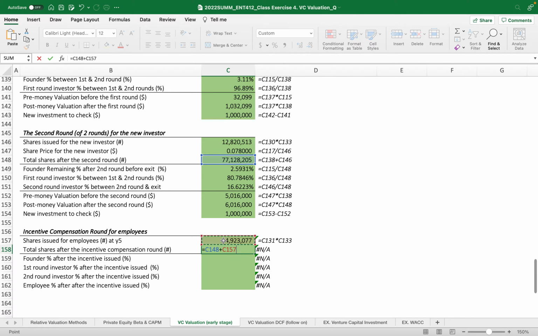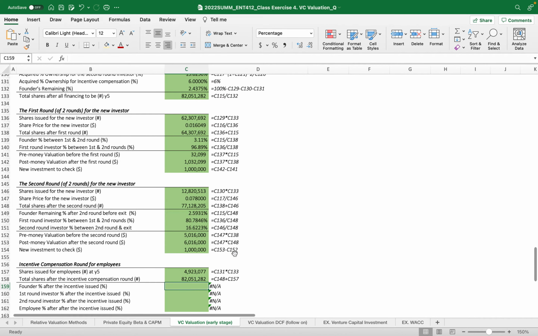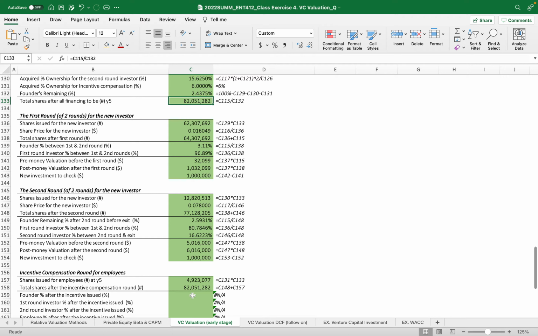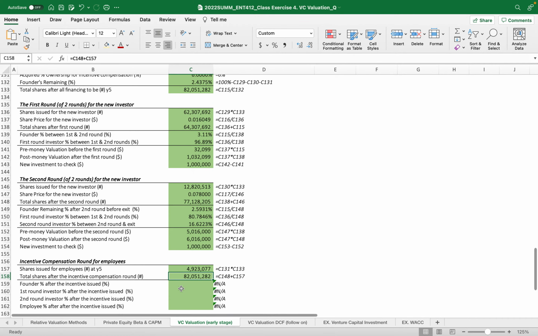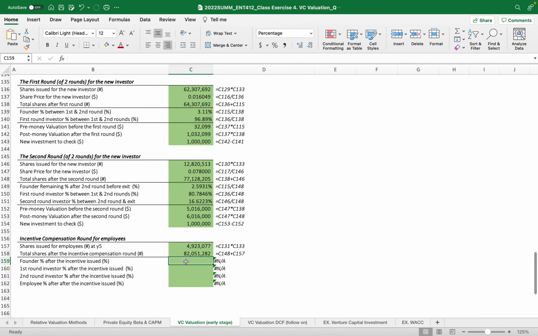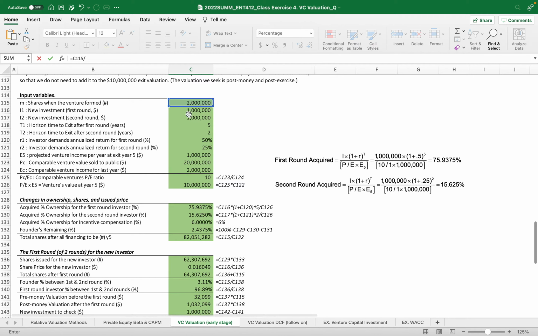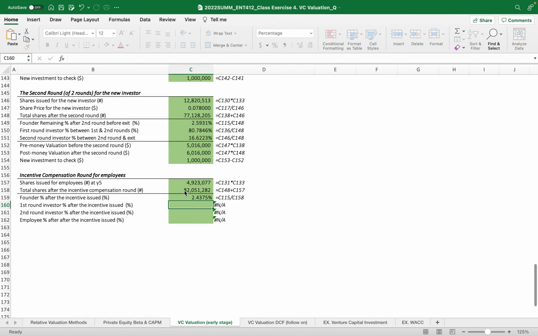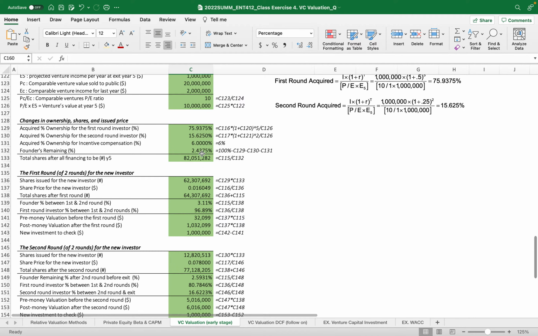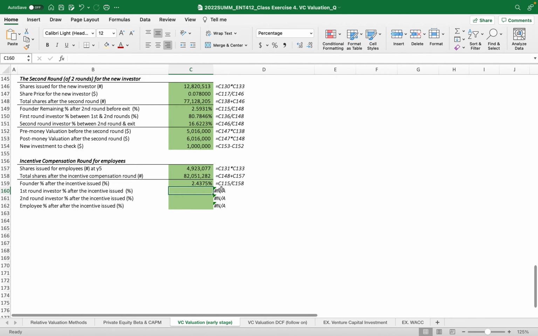Total shares after the incentive compensation round is now, we can just add the shares before the incentive round, and then finally let's compare 82 here at the exit point, 82 at the exit point, right? We figured it out. Now the founders' percentage after the incentive round is 2 million shares divided by, right, finally this, and the 2.4375 must be the same as here, 2.4375%, when we start from the start point here.